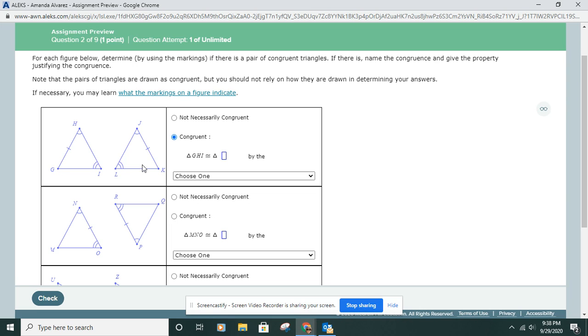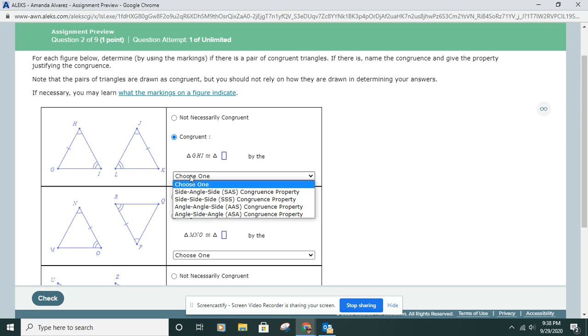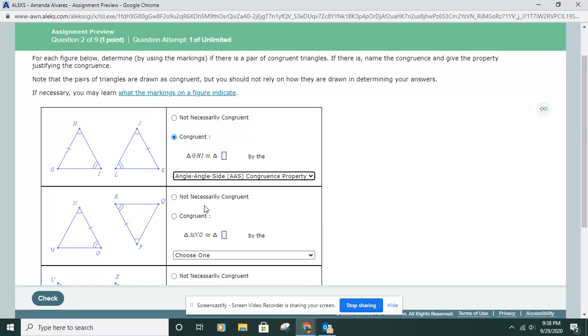So to me, they do look congruent by angle, angle, side, if I go in order A, A, S. And then I just have to finish the triangle congruent statement. So if the first one goes G, H, I, see over here what matches with G, it's K, and then J, L. K, J, L.